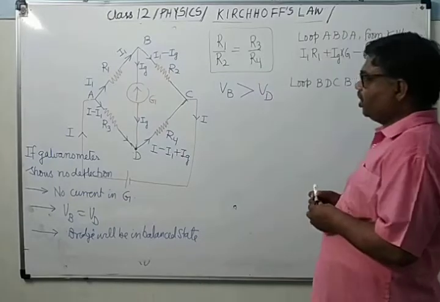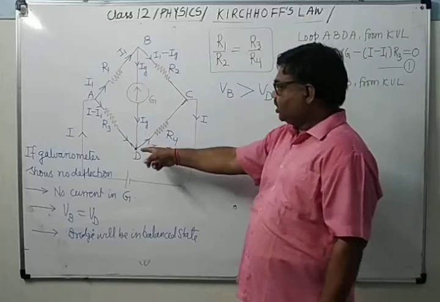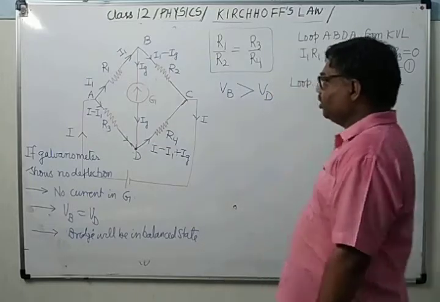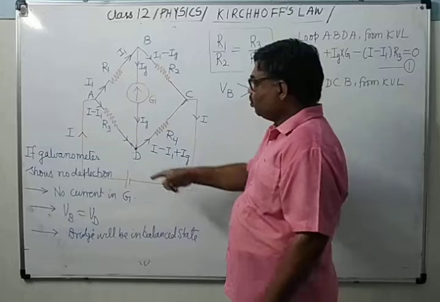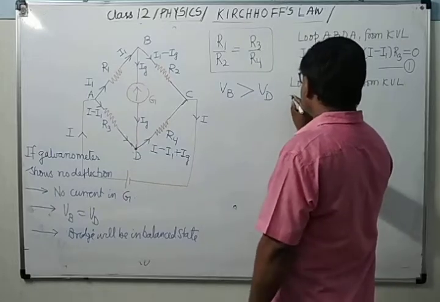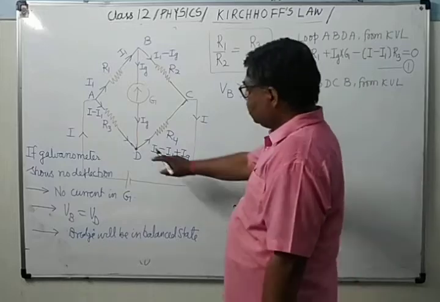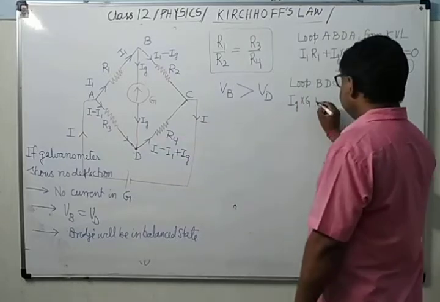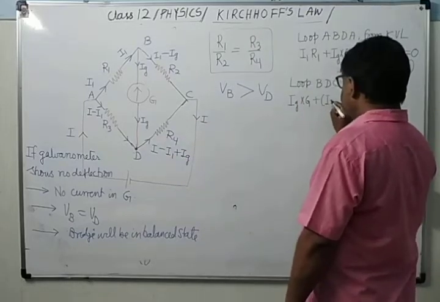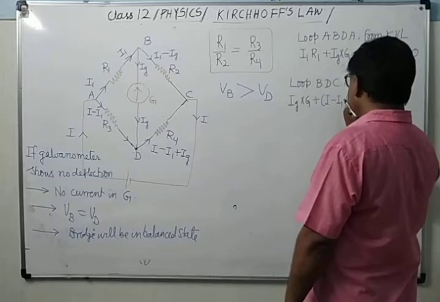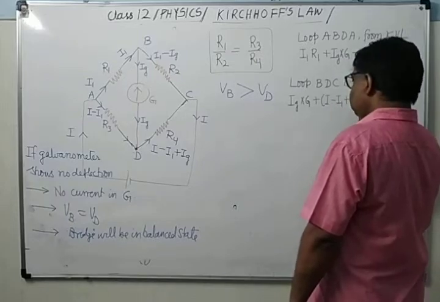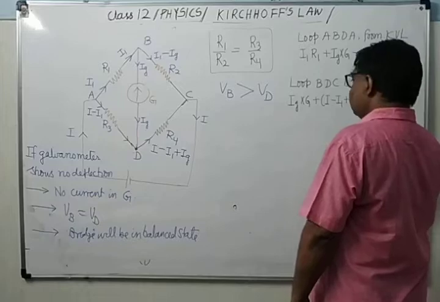Means moving from where to where? B to D, then D to C, then C to B. Here B to D you are moving, therefore IR will be positive, that is Ig into G. Here also IR will be positive, I minus I1 plus Ig into R4.